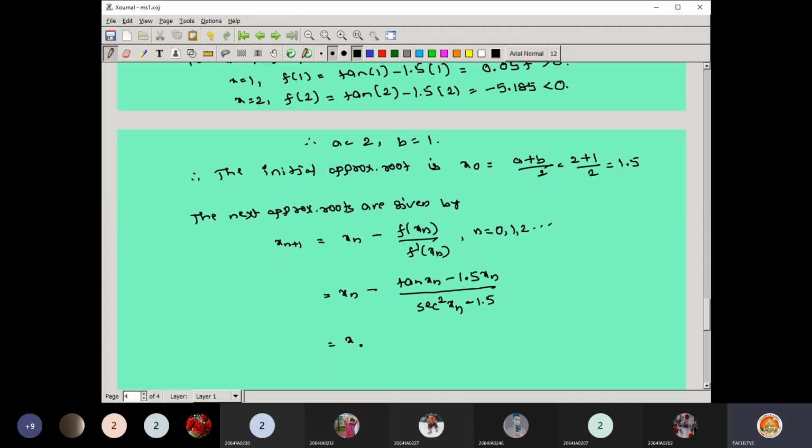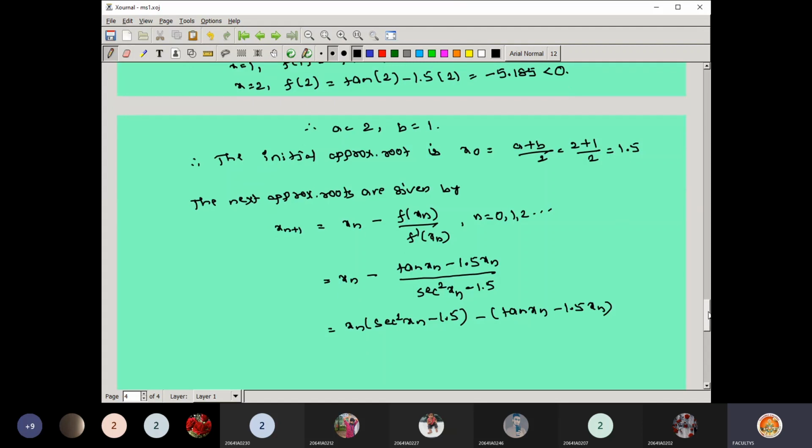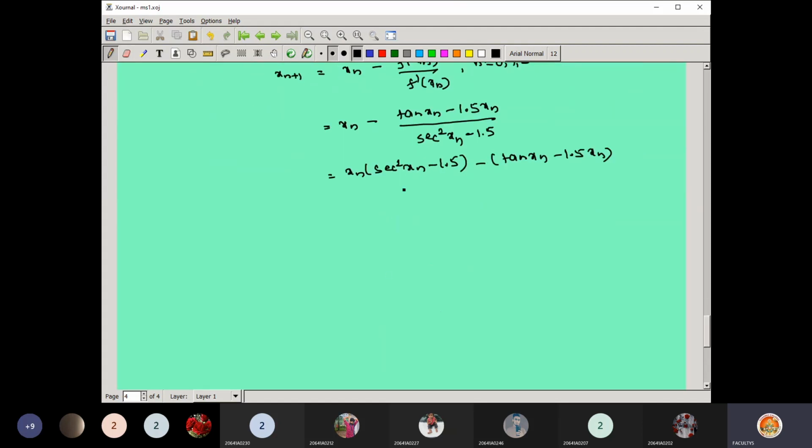The derivative of minus 1.5 x n is minus 1.5. So I can write x n times secant square x n minus 1.5 minus tan x n minus 1.5 x n, just taking the LCM, and the total is divided by secant square x n minus 1.5.